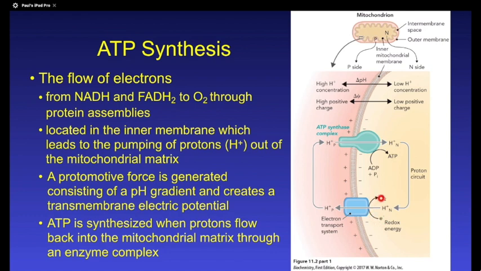And separate to that, this proton gradient, which has potential energy, is used for the synthetic process, which is totally distinct and separate. And so there is a protein called ATP synthase, which allows the protons to flow back through the membrane so that we can actually create ATP.